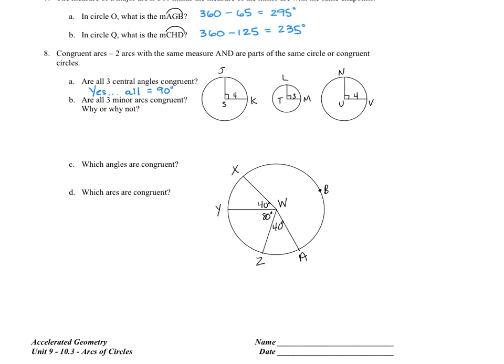The question, though, are all 3 minor arcs congruent? That's a different question. So to answer the question why or why not, we could say no, they aren't all congruent. Arc JK is congruent to arc NV because they have the same radii.